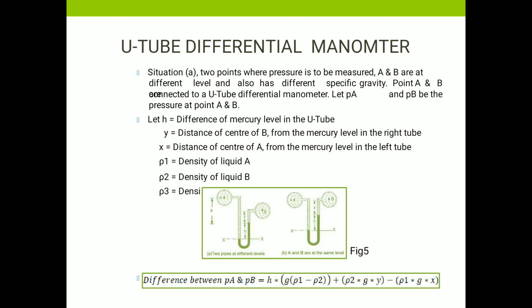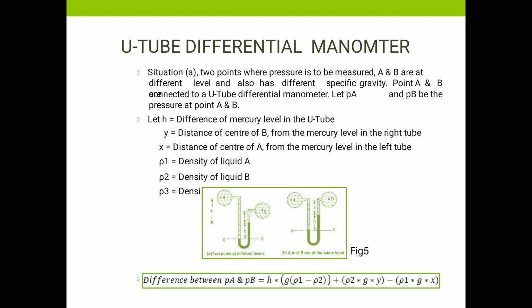Rho 1 and rho 2 are the densities of liquid at point A and point B. Rho 3 is the density of the heavy liquid, or simply mercury. You can see figure number 5.